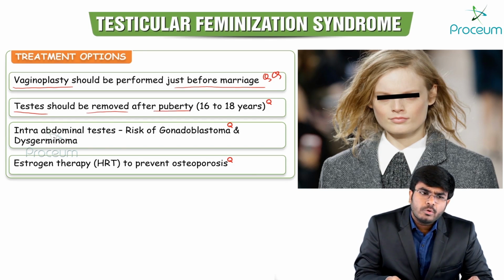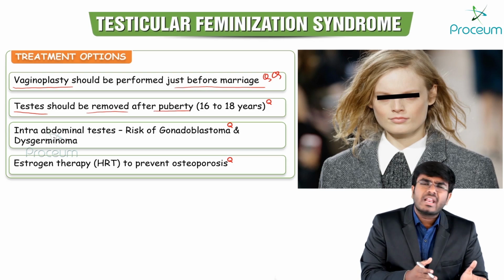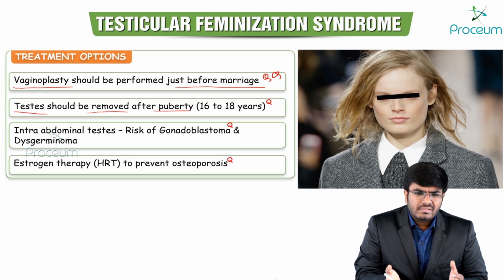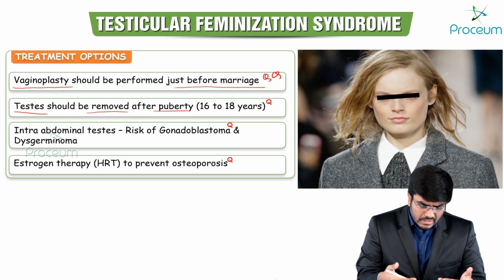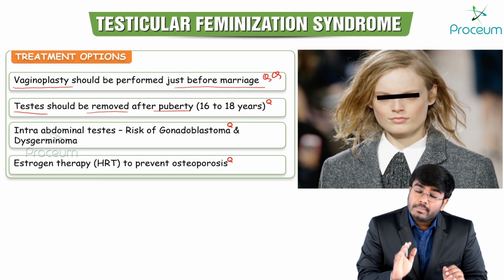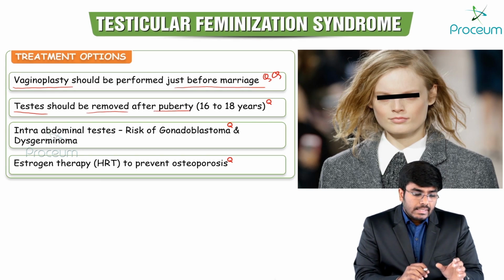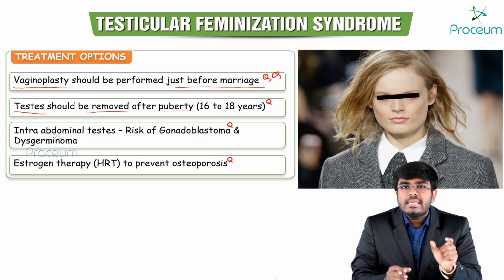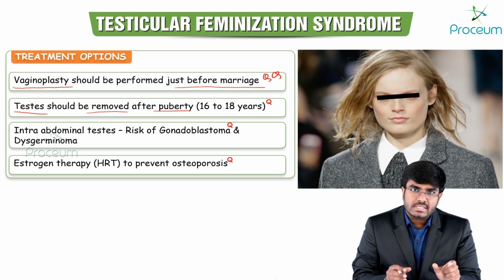Why only after puberty? Why not before puberty, somewhere around 8 or 10 years? Or why not immediately after delivery, if the diagnosis of testicular feminization syndrome is confirmed? Why not before puberty? Because, see, these intra-abdominal testes are the only source of estrogens.